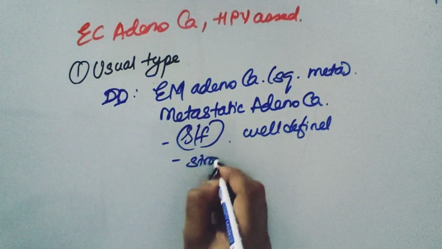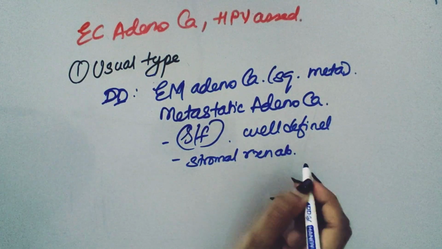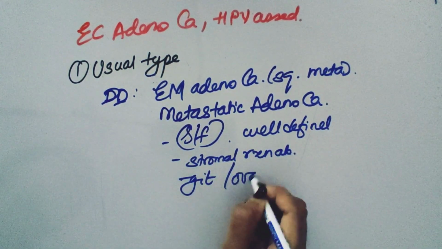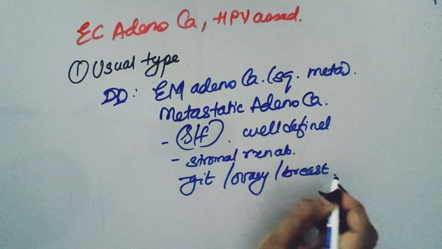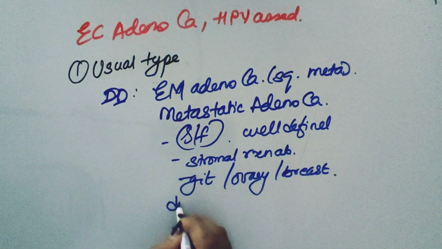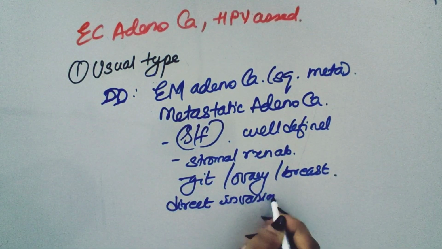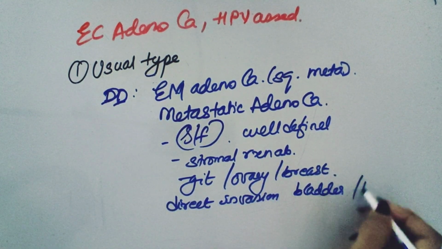Usually stromal reaction is absent. And usually they are from GIT, ovary or breast. And there can also be direct invasion. From where will it come? It should come from the bladder or the bowel.